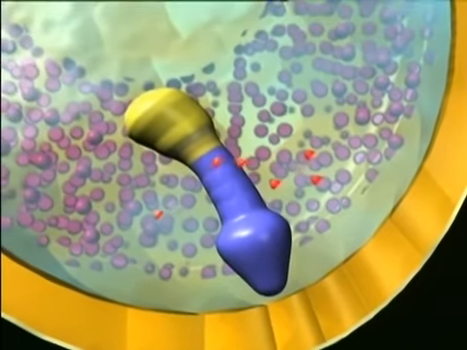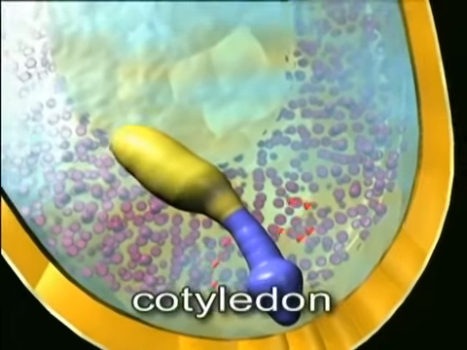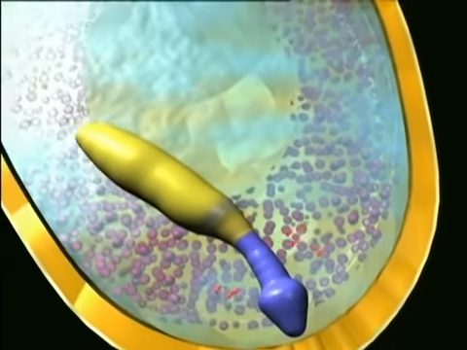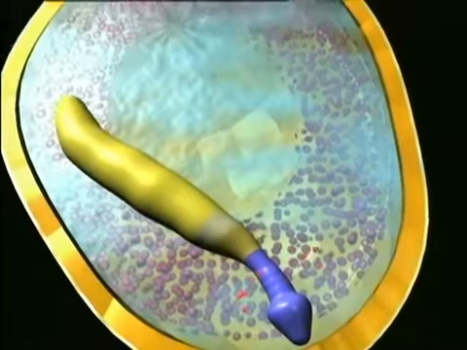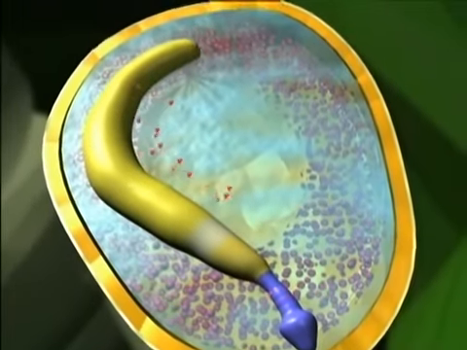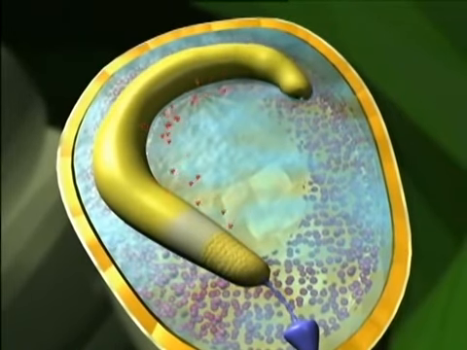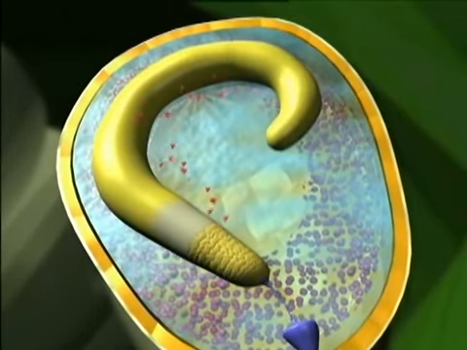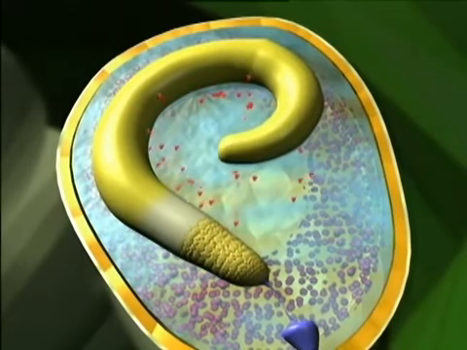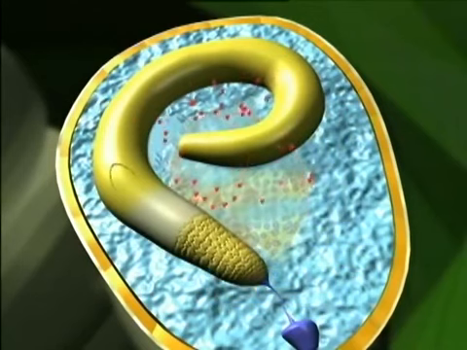In monocotyledons, a single seed leaf or cotyledon forms. As it enlarges, the embryo also receives nutrients directly from the surrounding endosperm. During this time, walls slowly form within the endosperm tissue.